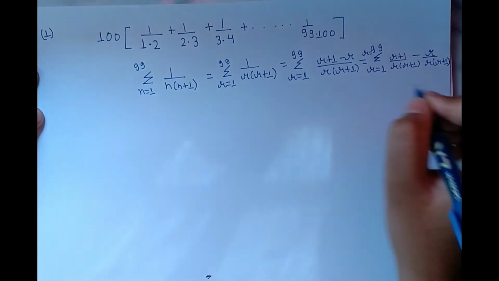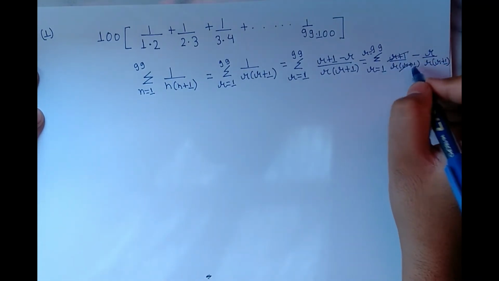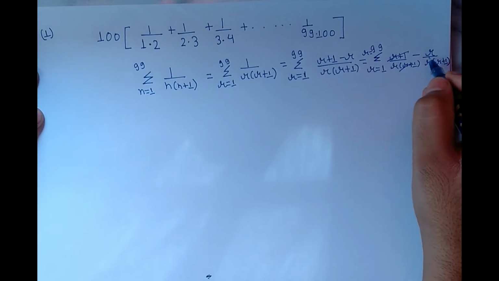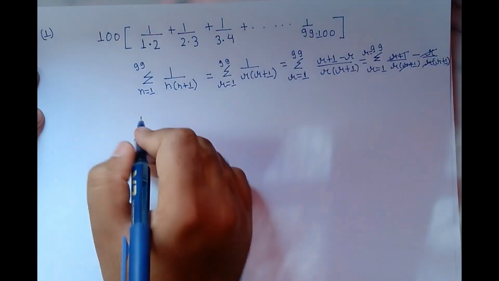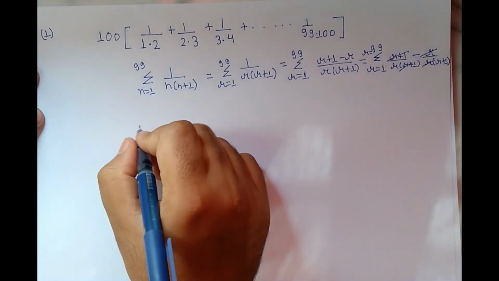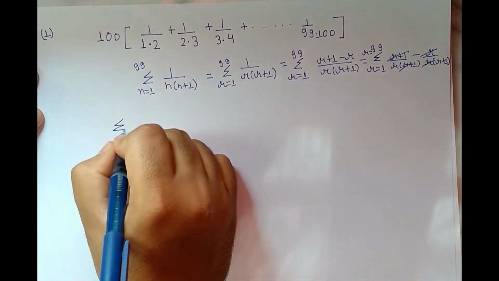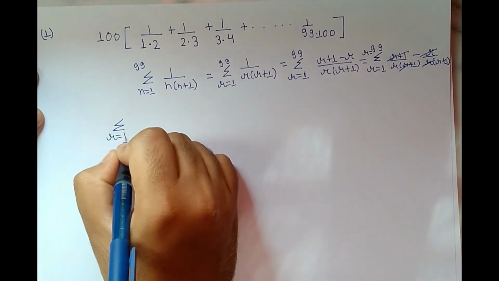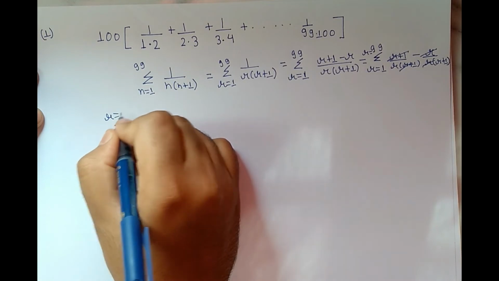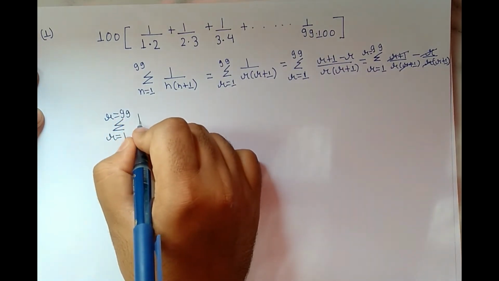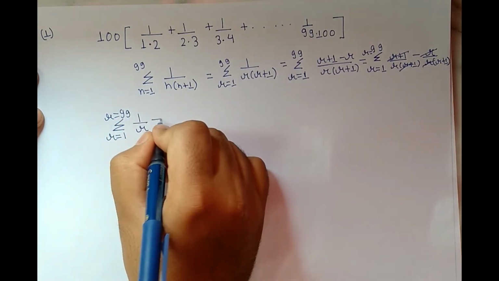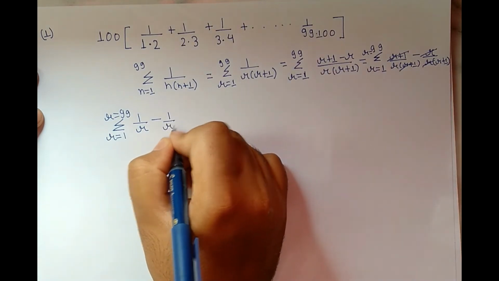We can see that over here r plus 1 cancels out, similarly r and r over here. So I can write this as sigma r is equal to 1 to r is equal to 99, 1 by r minus 1 by r plus 1.